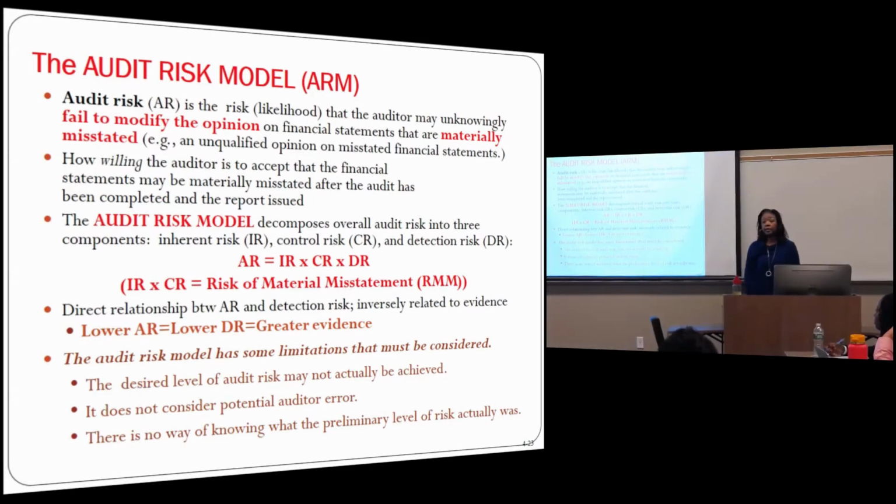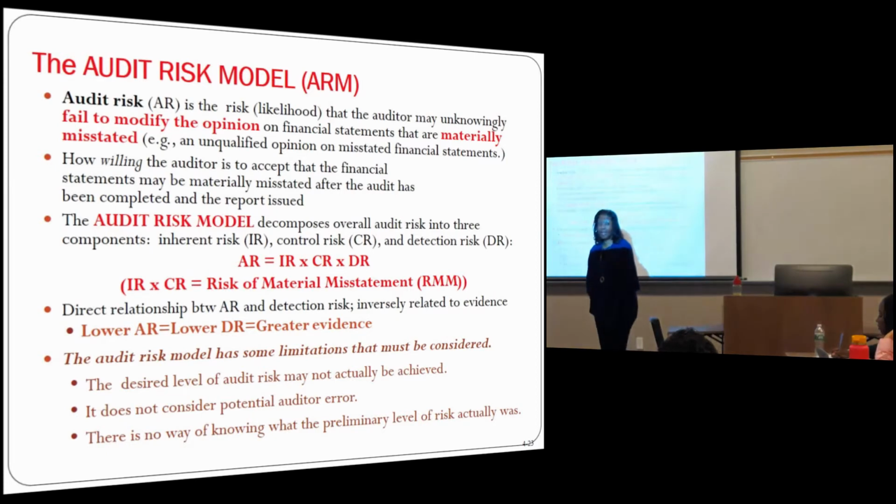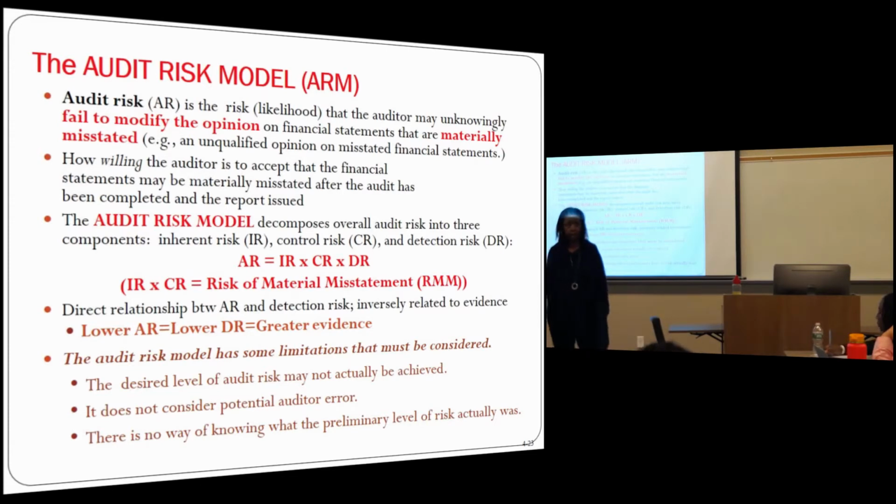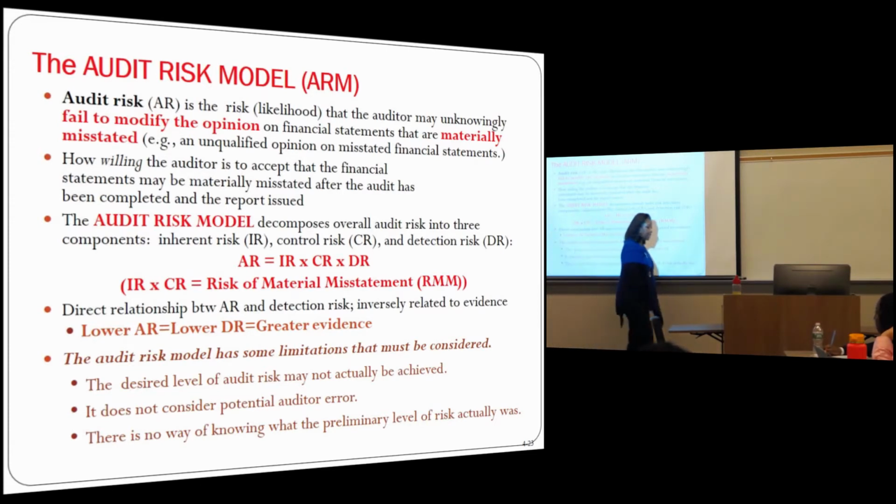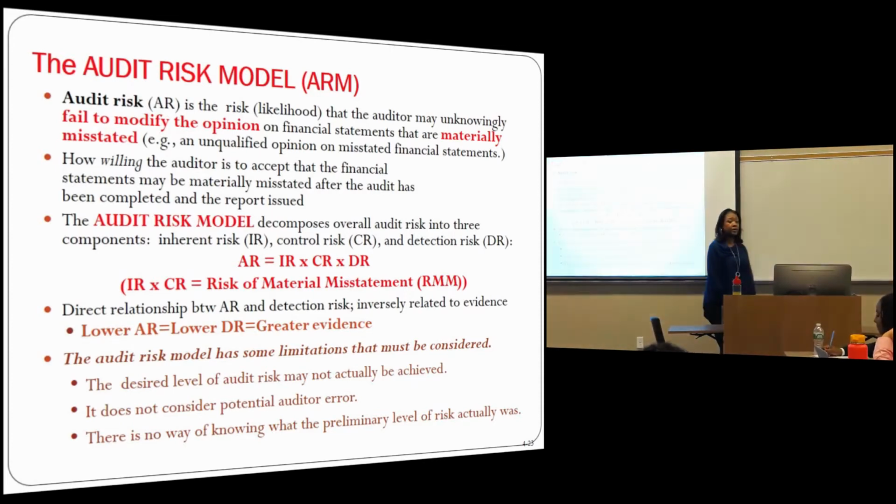Auditing Standard 12 deals with the risk assessment process. It talks about the factors auditors should consider when assessing the risk of material misstatement, and Auditing Standard number 13 deals with the response to that risk assessment. So the risk assessment process is extremely important, and auditors have to get it right.